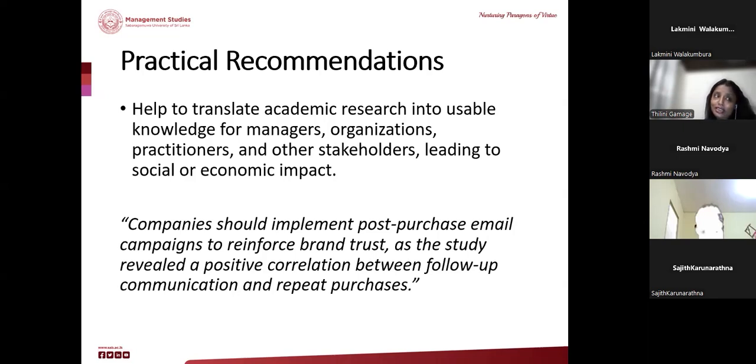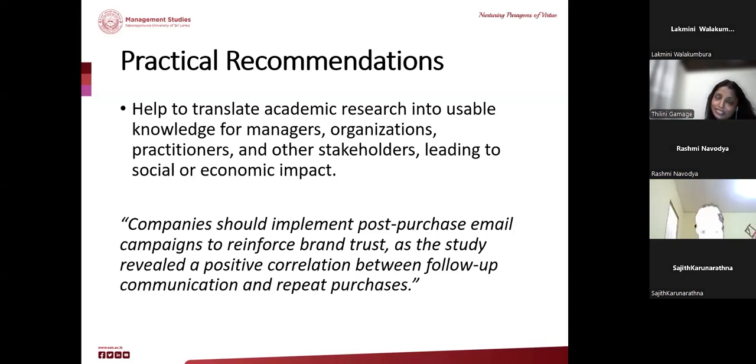Practical recommendations are very important, and most of the time I have seen students offer practical recommendations. Although some of them purposely avoid theoretical recommendations as they are not confident about it, most students never avoid practical recommendations.